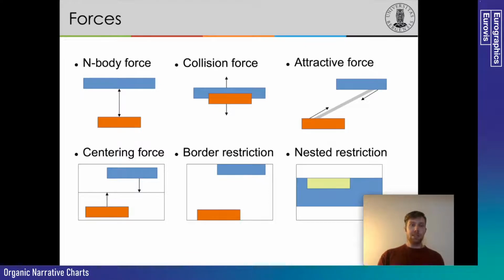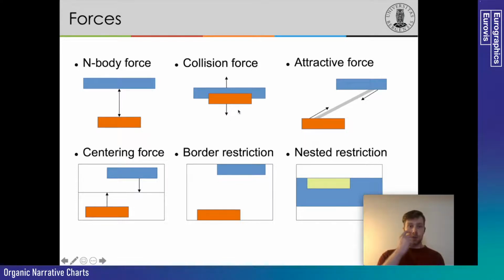There are many forces that we can apply in a force layout. First of all, there are n-body forces. They push nodes away from each other. In order not to push them outside of the display screen, we have a centering force which pushes them into the center of the display.